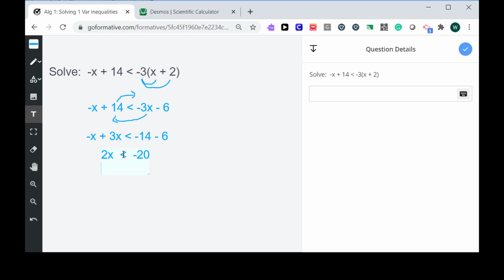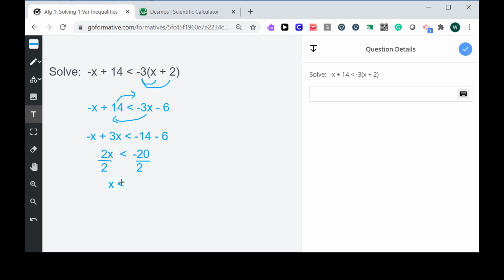Then we're going to divide both sides by 2. And we draw the little line. In this case, the 2 cancel, so I'm left with x. Now, I am not dividing by a negative number on the bottom, so that means the inequality sign stays the same.